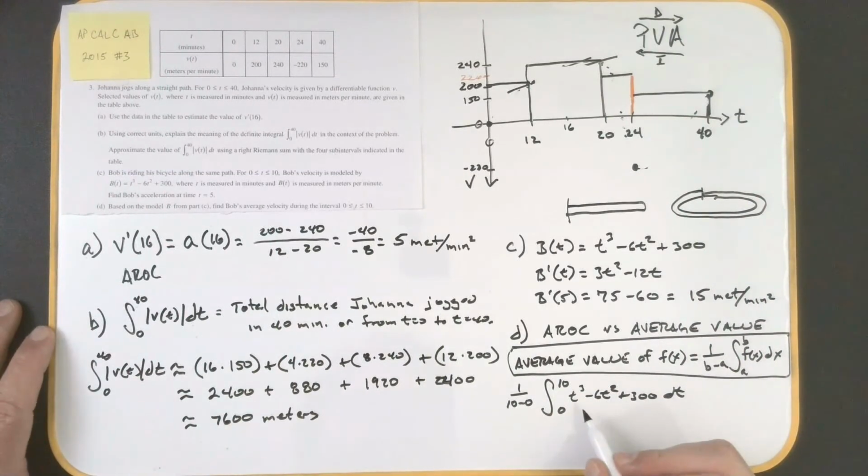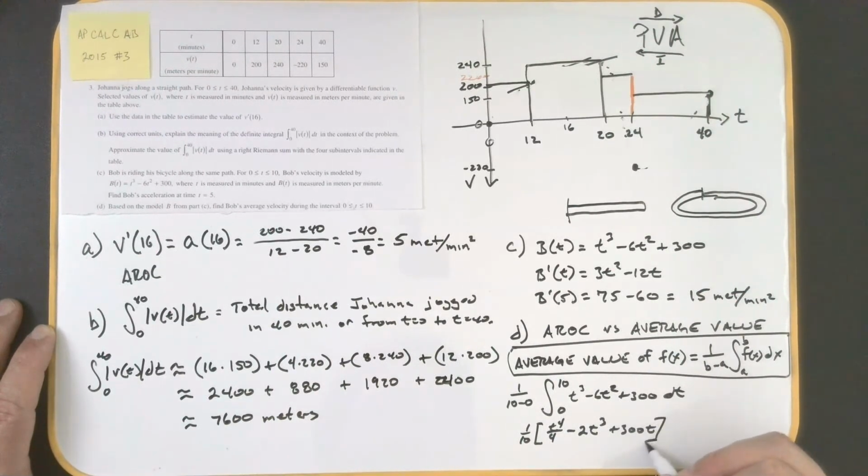So what we wind up getting here is, it's not too bad. We have a 1/10 out front, and so I think we have enough room here. I'm going to write 1/10 times t to the 4th over 4, minus, we'll add 1 to our exponent, divide by our new exponent here, I think we're going to get minus 2t cubed, and then plus 300t, and we're going to evaluate that from 0 to 10.